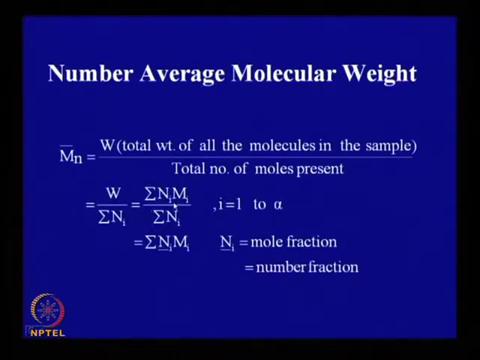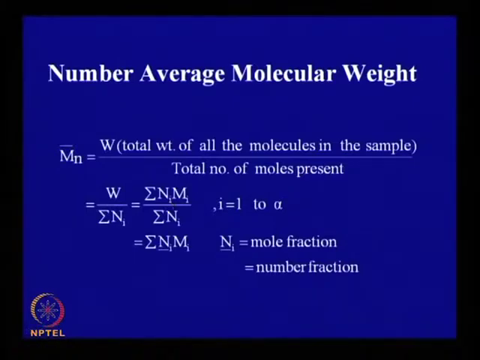Now, since it is based on counting of number of molecules of any species, say if you consider the ith species, in the ith species there are Ni molecules having molecular weight Mi. So, each species can be considered as one fraction, one part.